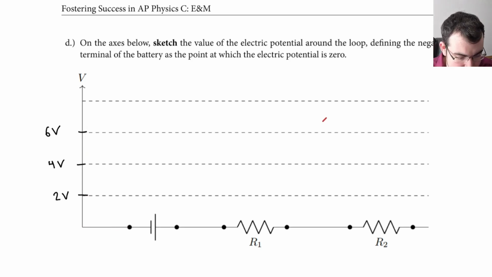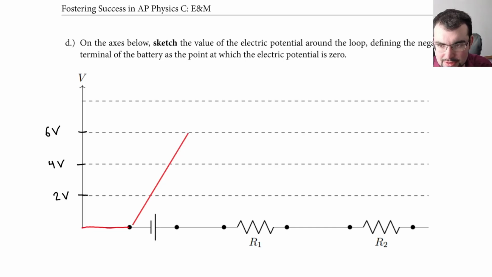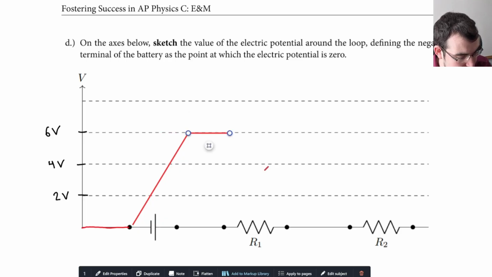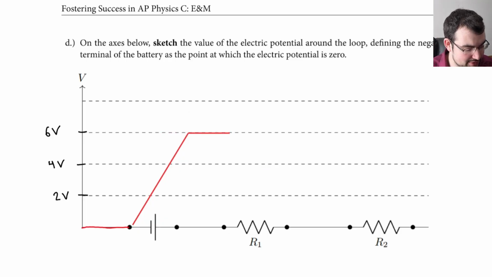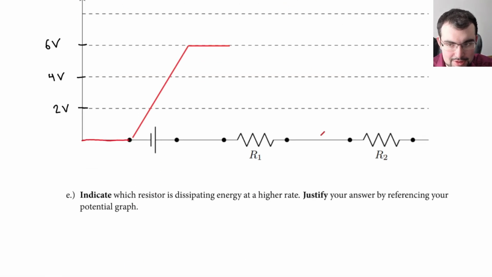We'll use the line tool for some of these. Then our battery steps us up to 6 volts. No potential change throughout wires. But then we approach our first resistor. If we go back to our first resistor, it says the voltage drop is 2 volts.